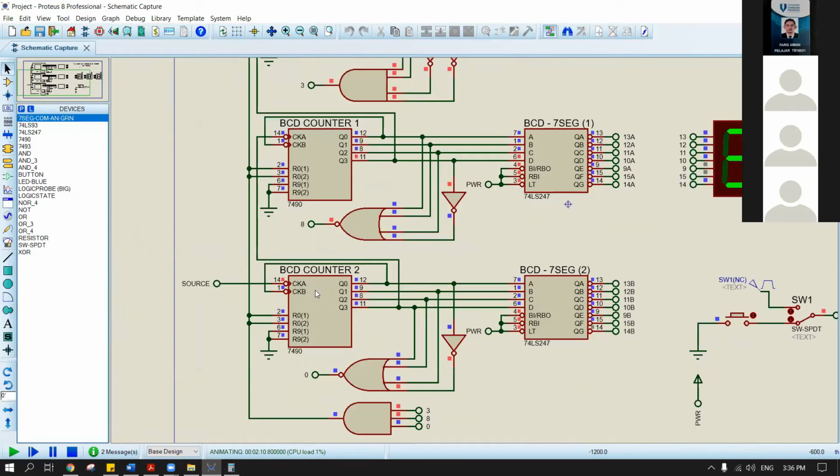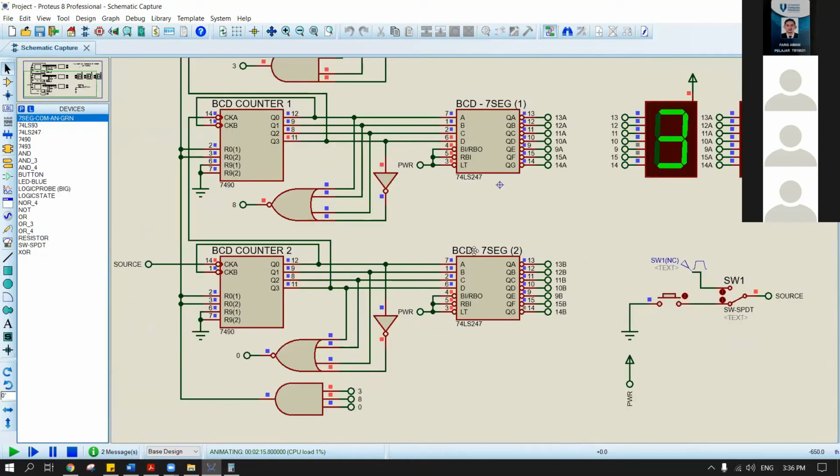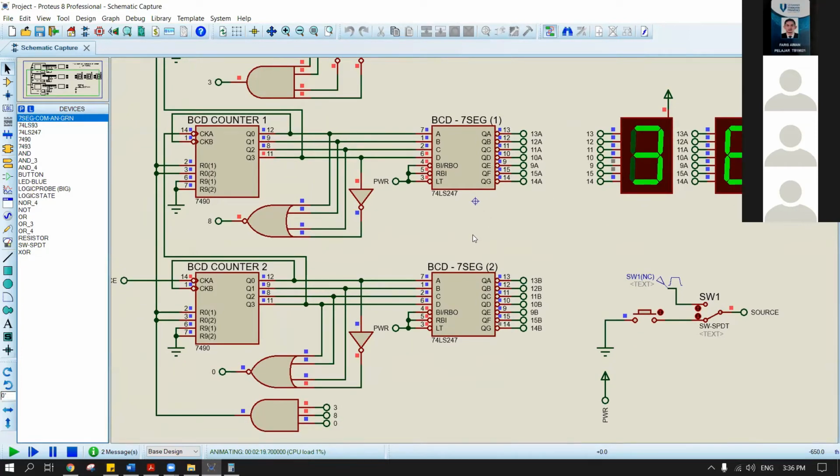For the last IC, can I ask if you guys understand? How many flip flops do you use? 4 flip flops? For mode 10, how many flip flops?